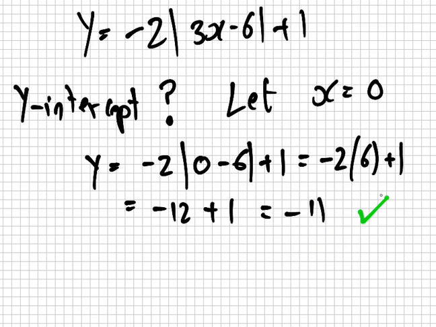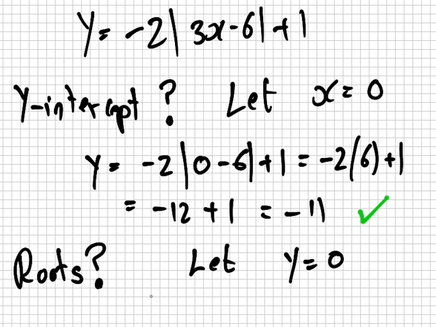Okay, what we'll find next is the x-intercept, the roots. So how do you find the roots? Yeah, let y equal 0. So now you have 0 equals minus 2 absolute 3x minus 6 plus 1.